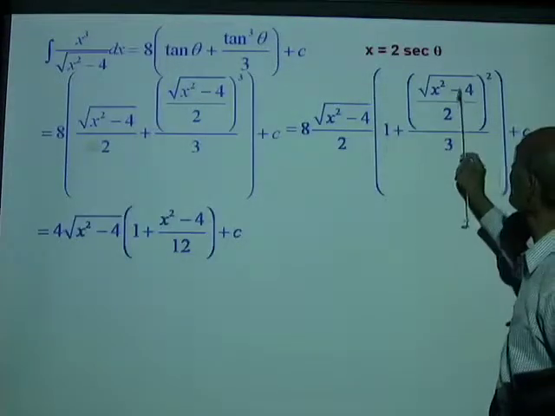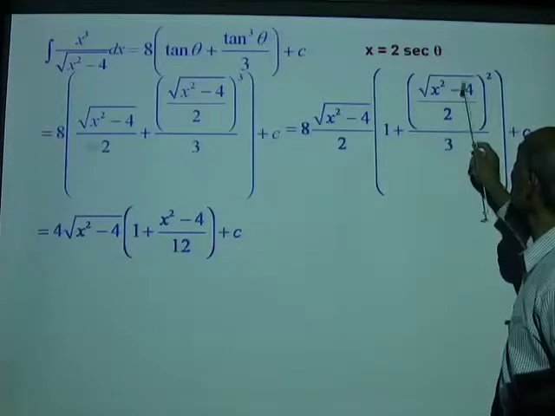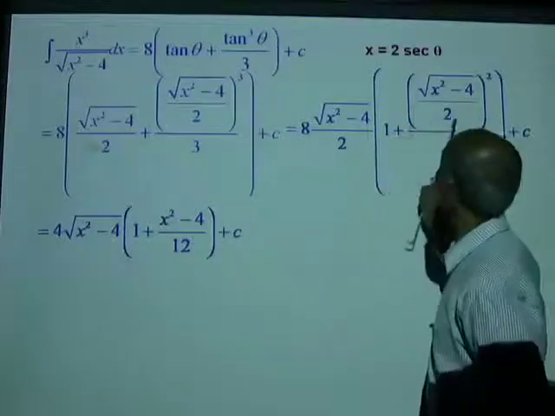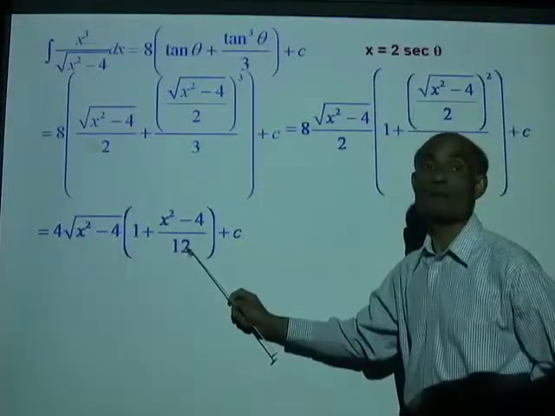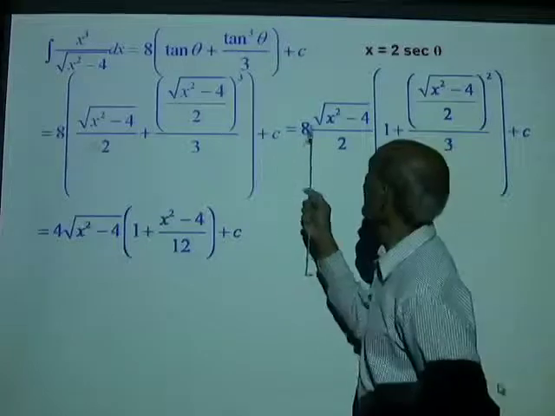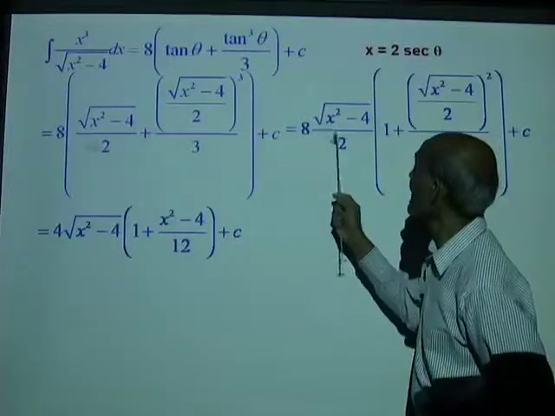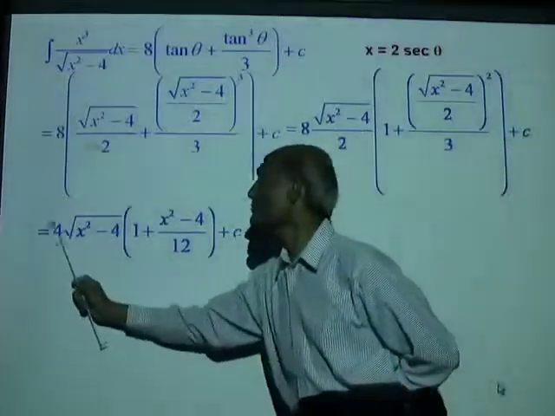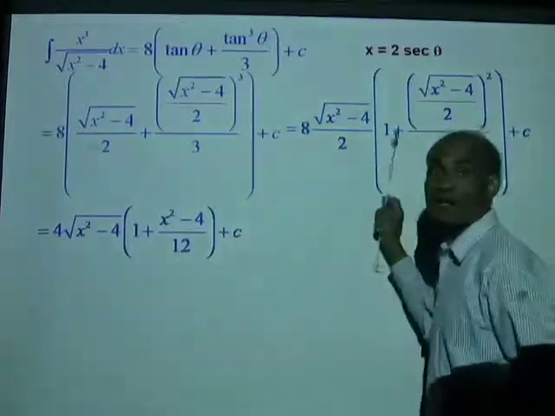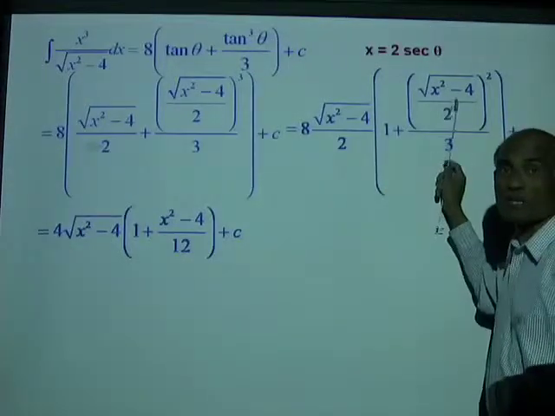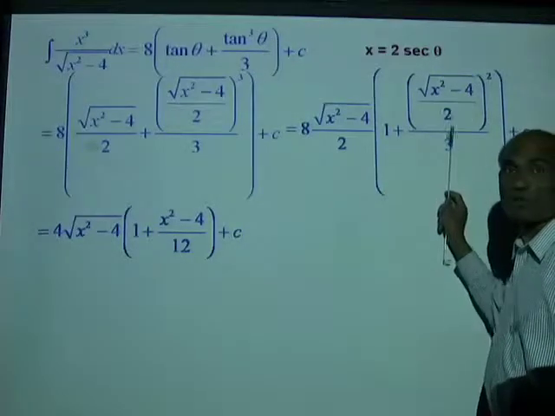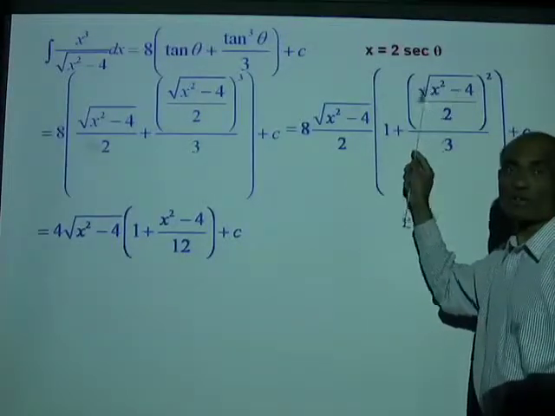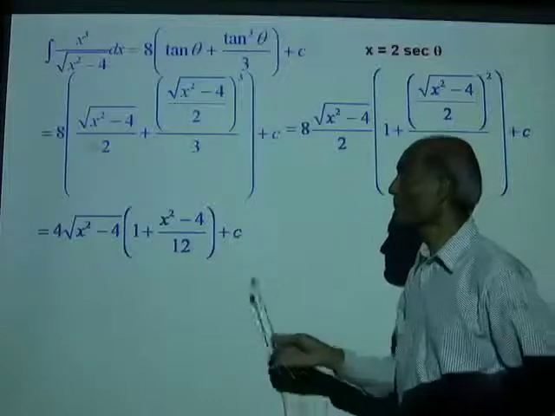And when you simplify this, raise this to the power of 3 will give you x squared minus 4 over 4. And that 4 and 3 becomes 12. So this 2 goes with that 8, gives you 4 there. So this will be 4 times square root x squared minus 4. And inside the parenthesis now will be, this is 2 squared, that is 4. 4 times 3 is 12. And this squared will be x squared minus 4.